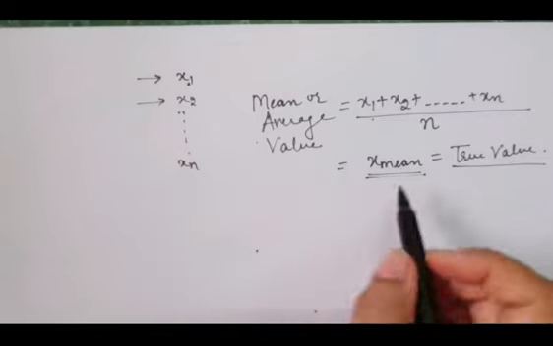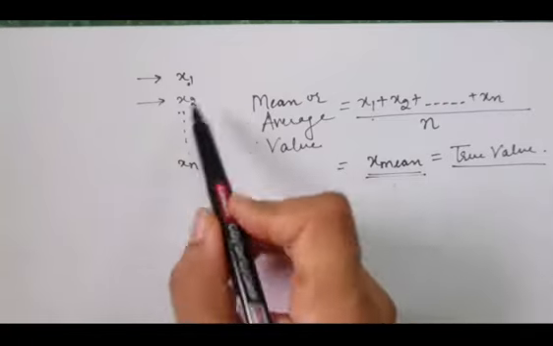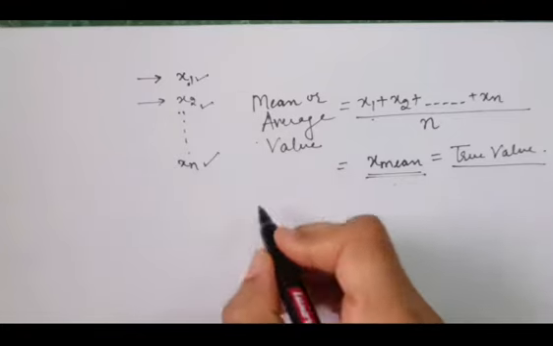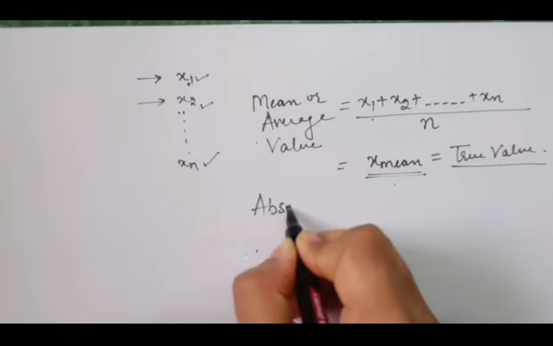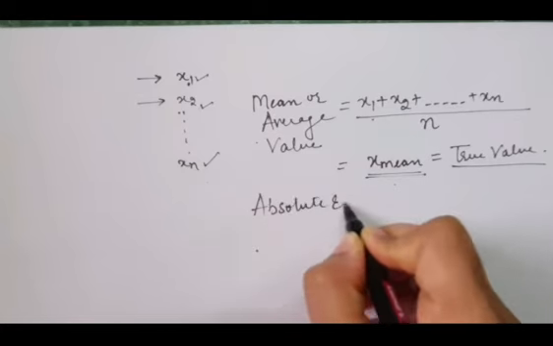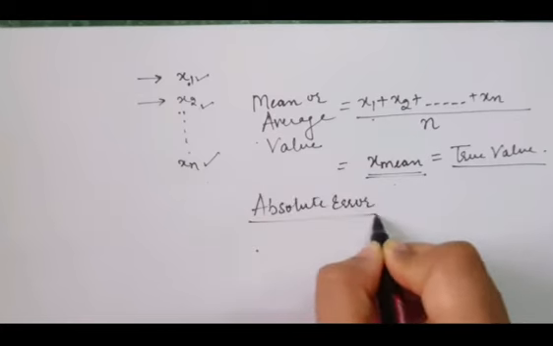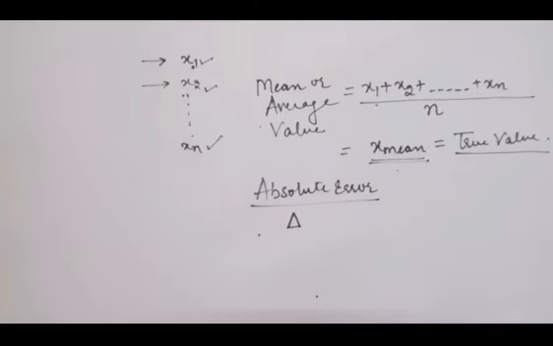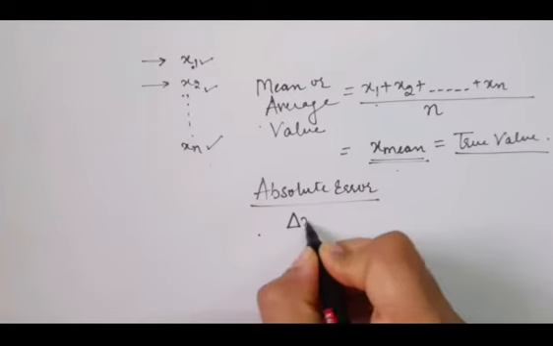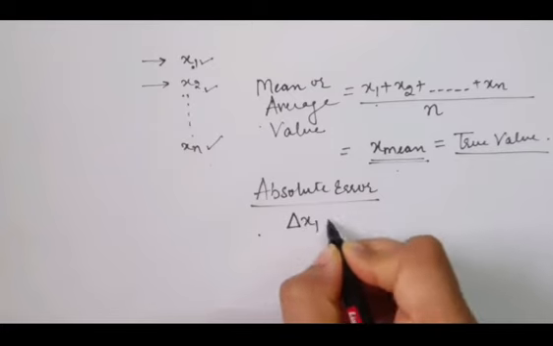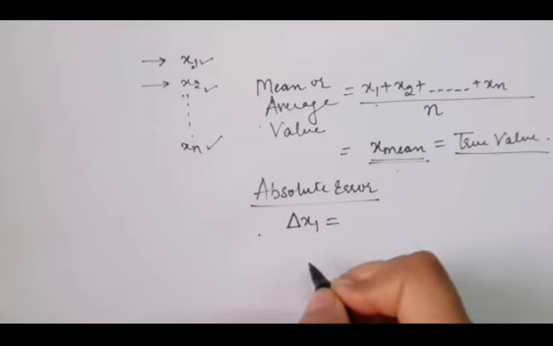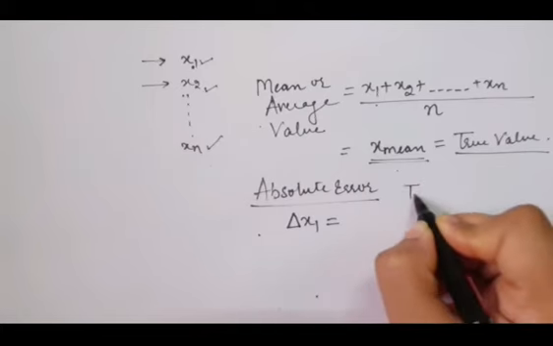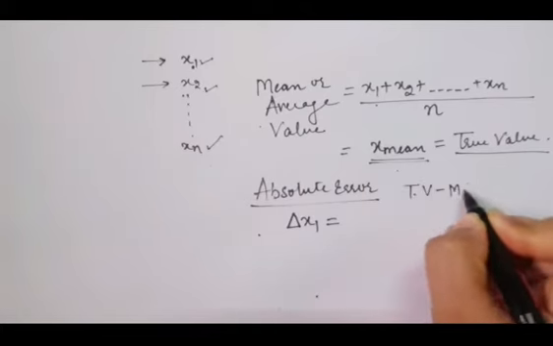Fine. So after taking the mean value, we will calculate the error in all these values. That is called the absolute error. We will call that error the absolute error. It is denoted with delta. So how will we calculate the absolute error in the first reading? We have done it in the previous video that the formula for error is true value minus measured value.